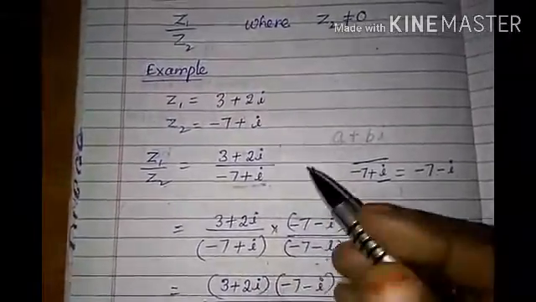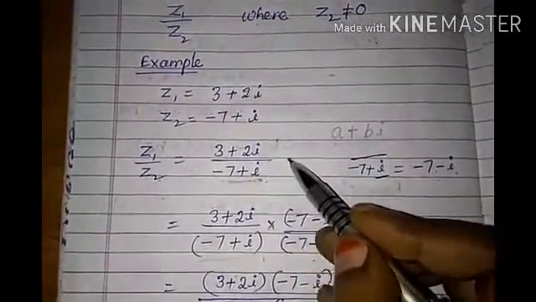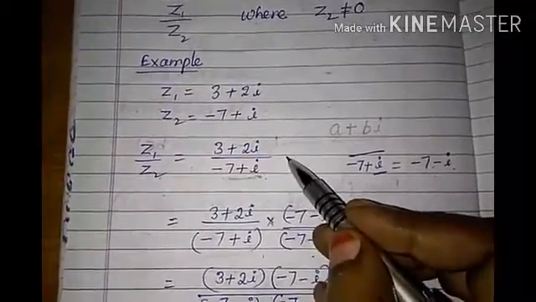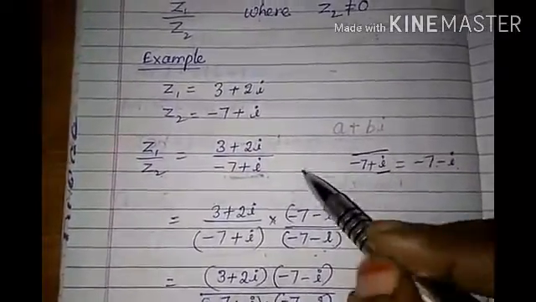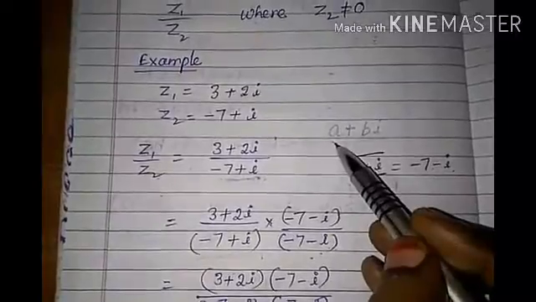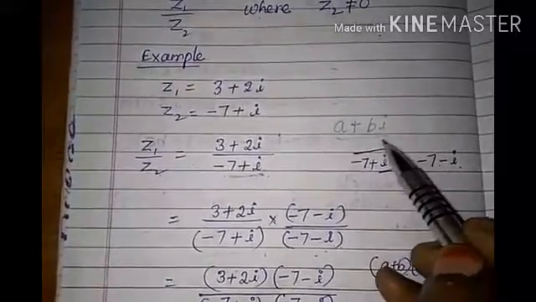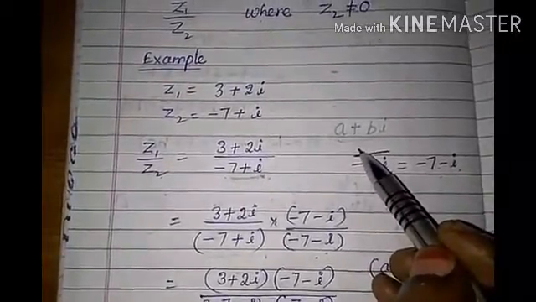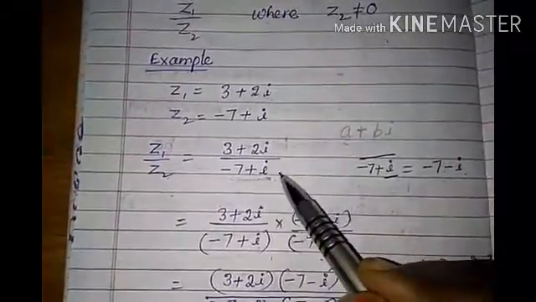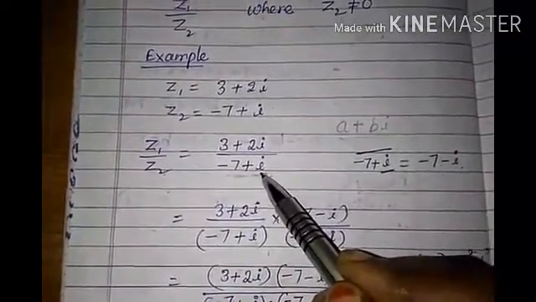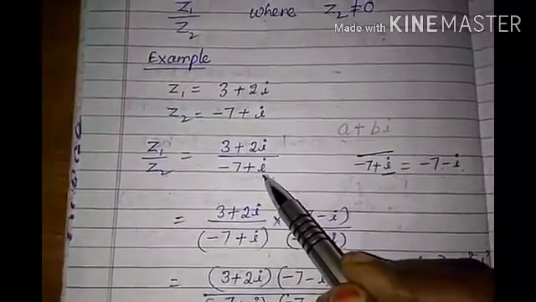This is not in the standard form of a complex number, a plus bi, because in the standard form there is no imaginary part in the denominator, but here we have minus 7 plus i, which has an imaginary part.